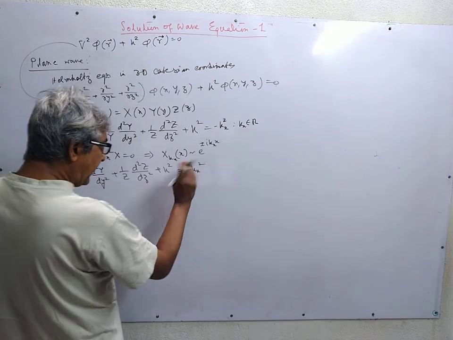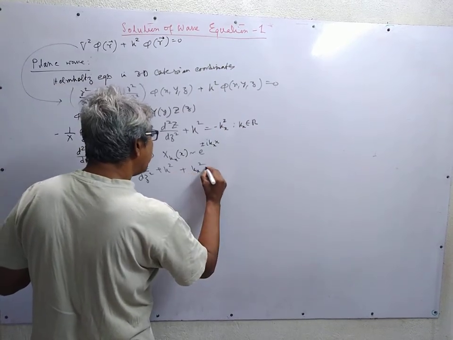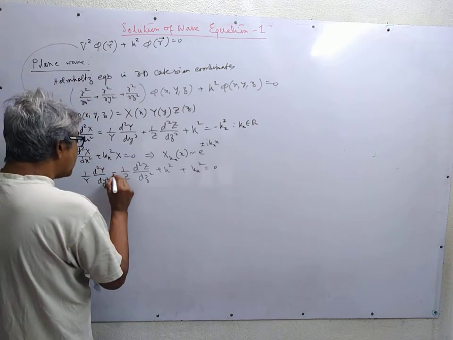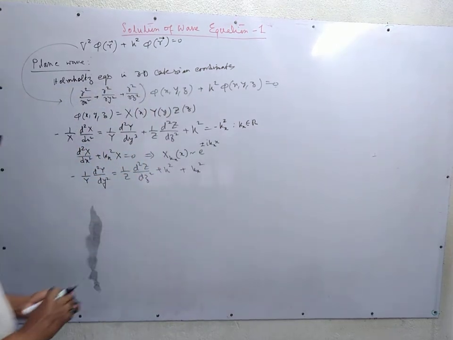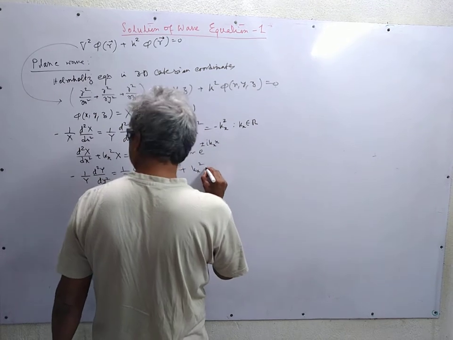We take kx square on this side, so this is made positive and is equal to 0. If we take the Y part on the other side, then the left hand side is a function of y only, while the right hand side is a function of z only.